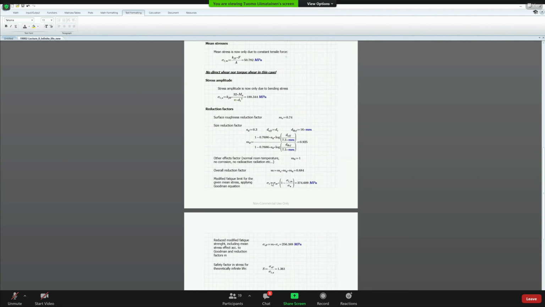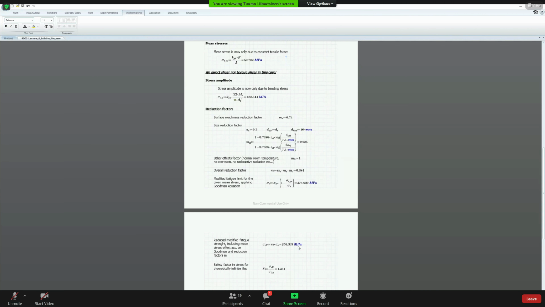And then we can calculate this modified fatigue limit for the mean stress, applying the Goodman equation as presented in the material. And further on, when we include the effect of the reduction factors, we can get the fatigue limit, fatigue strength for our case, which includes our situation of mean stress and our situation of ambient conditions, etc., reduction factors, and that would be now 256.4 megapascals.